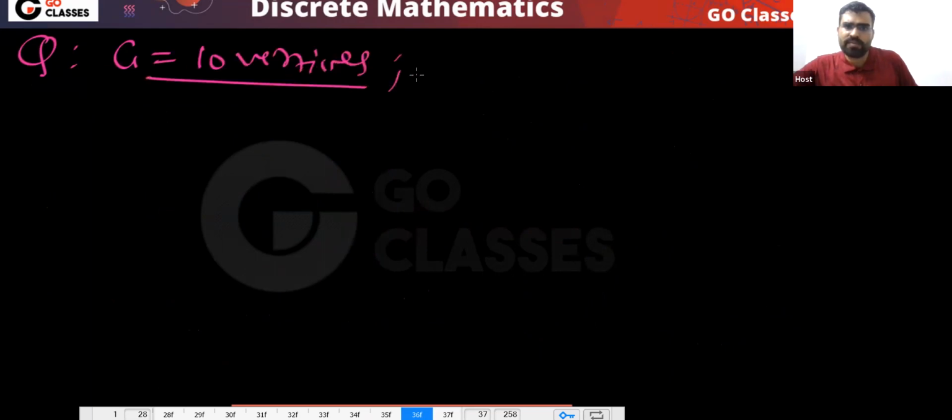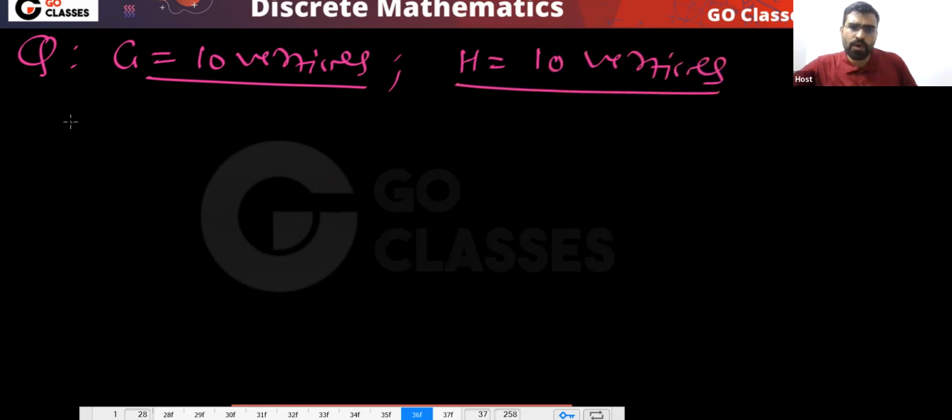This is the definition of isomorphism. But if you apply it, for example, let's assume you have a graph G with 10 vertices and a graph H with 10 vertices. How much time will it take to prove if you apply the definition to check isomorphism?